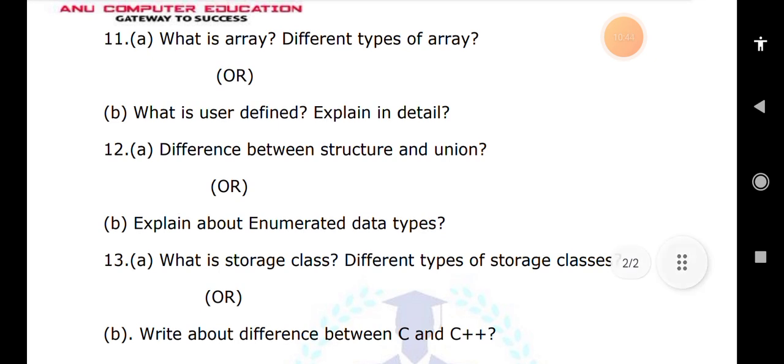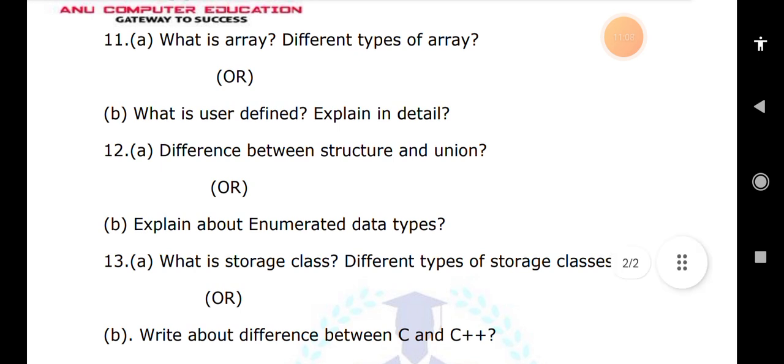For input and output operations the related header file in C is #include stdio.h, whereas in C++ we have to use the iostream.h header file. The C language does not contain the concept of inheritance, and C++ has the concept of inheritance. C language does not have the concept of polymorphism, and C++ has the concept of polymorphism.